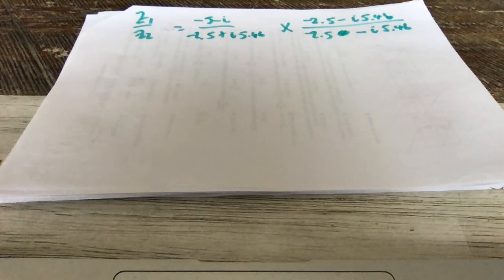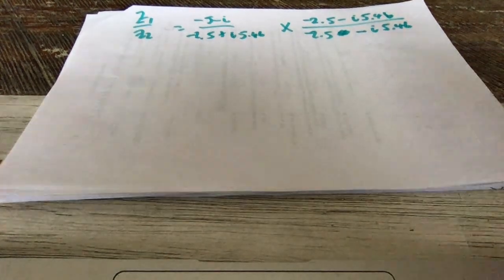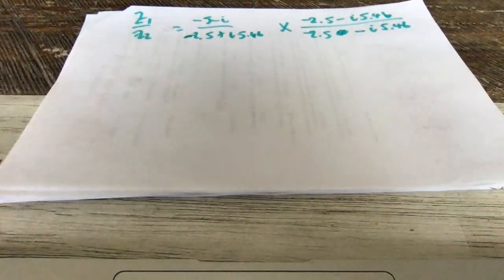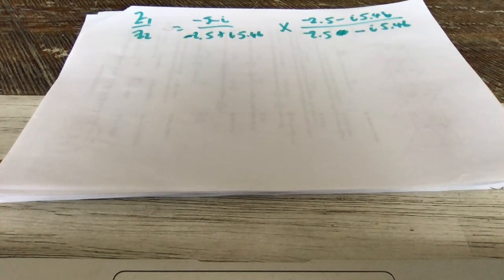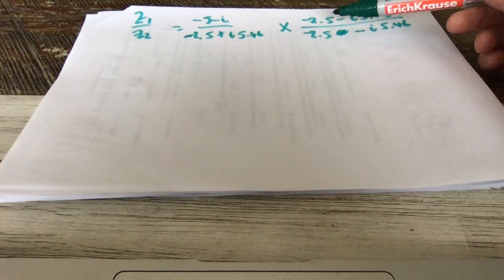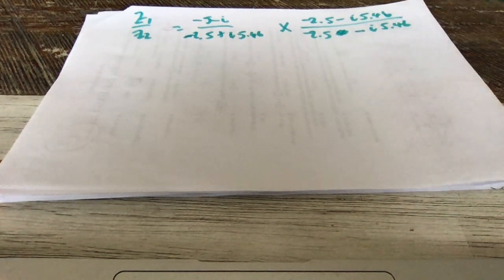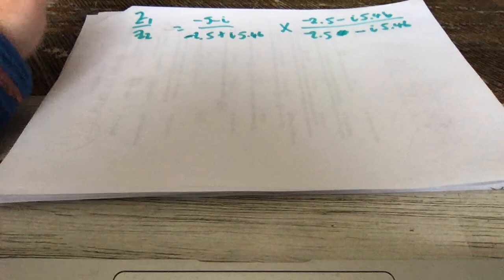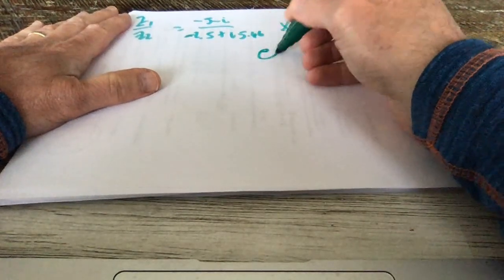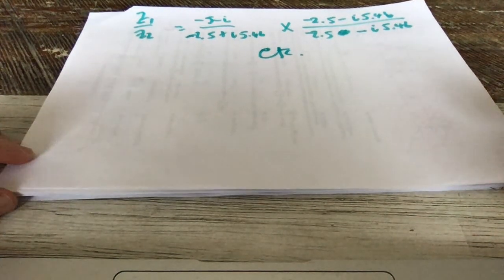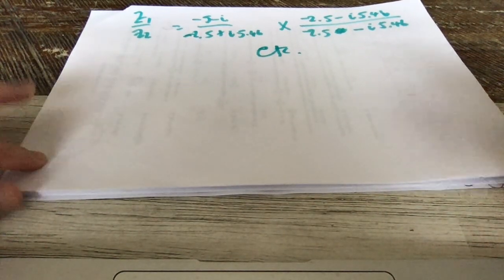If you remember back to your secondary school days, if I want to divide the Cartesian form of two complex numbers, I must multiply above and below by the conjugate of the denominator, the number below the line. So in this case, it's minus 2.5 minus i 5.46. And so you do the multiplication above, you do multiplication below, and you get your answer, etcetera. So that's a little bit tedious, and it's a lot long-winded.